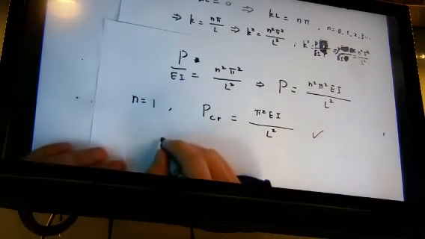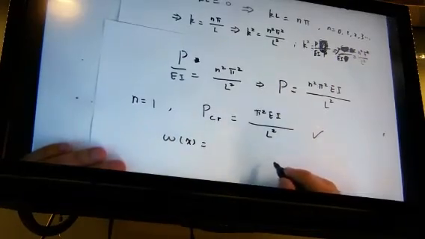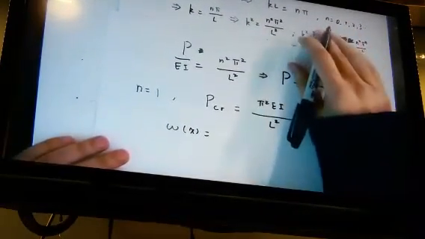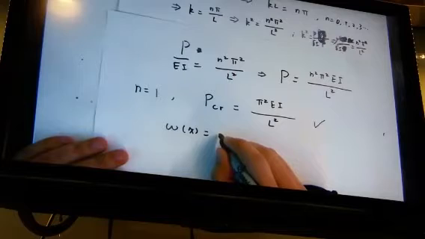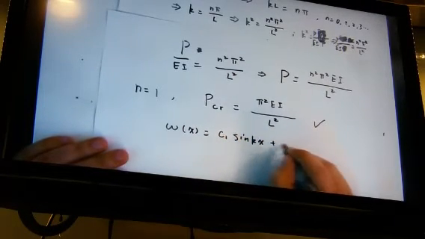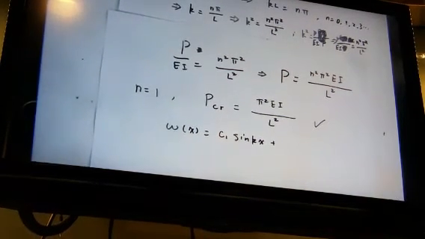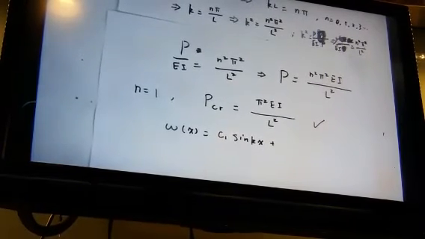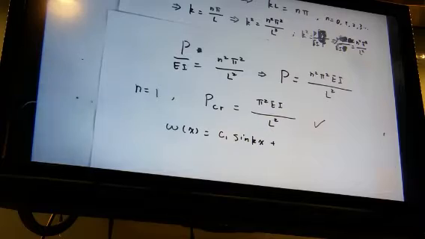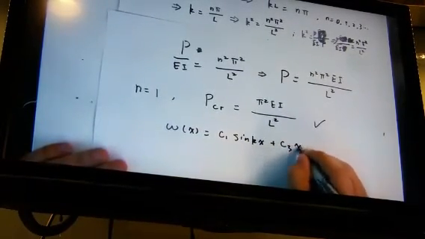If we want to look at what the deformed shape is, we have to go back and check what the function for the deflection is. That one is C1 sine kx plus C3 x, because C2 and C4 are already 0. We had 4 terms at the beginning. After we use the boundary condition, C2 and C4 are gone. We only have C1 and C3. This is the term associated with C1, and we have another term.